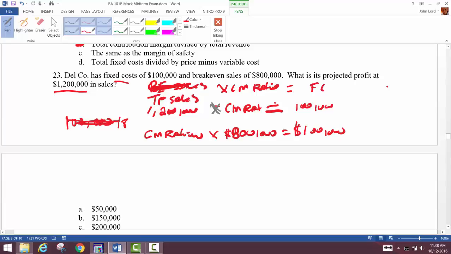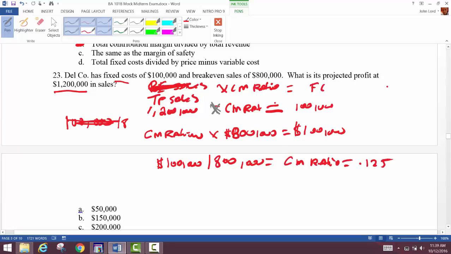So if I go ahead and do the math on that, I take the 100,000, I divide that by 800,000. That means that my contribution margin ratio for this problem was 0.125, wasn't it? Okay.